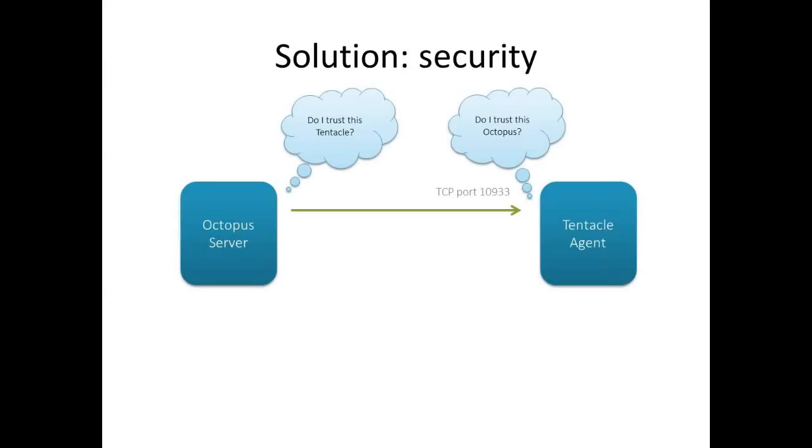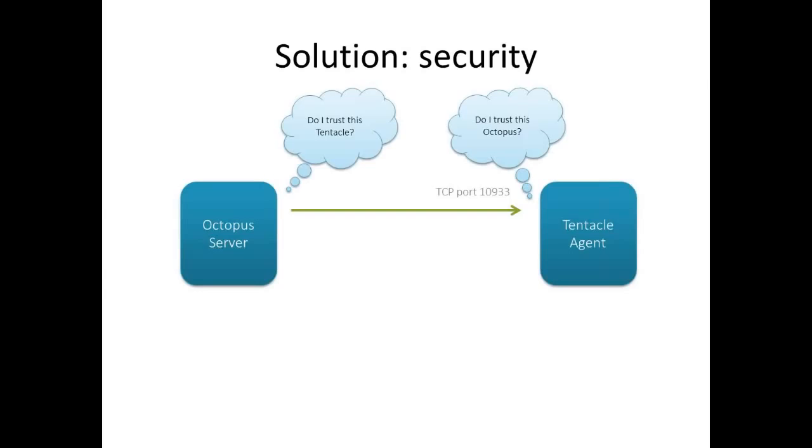And likewise, the tentacle, which we call our agent, the idea being an octopus controls many tentacles, is going to be receiving a package and installing it, running a whole bunch of scripts that have a pretty high level of permissions to run. It wants to make sure it's getting them from a trusted source.